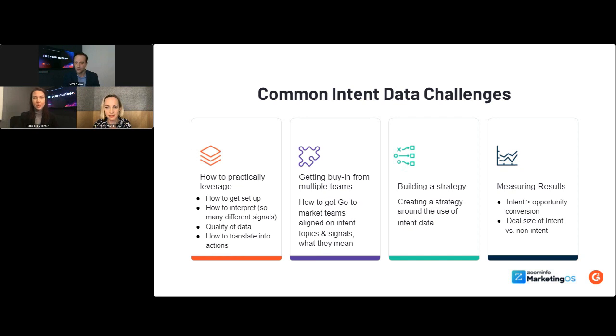Would you like to add anything there, Amanda, or see our results from our poll? I am so interested to see the results. These are the challenges, absolutely, that we hear. And I think the practically leveraging. I mean, just really practically tell me, how do I make sure that I'm utilizing it correctly, that I'm measuring it, that I'm setting it up?